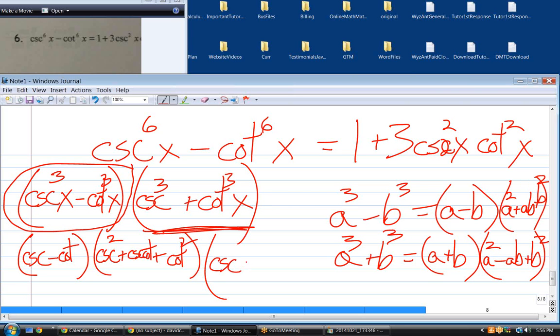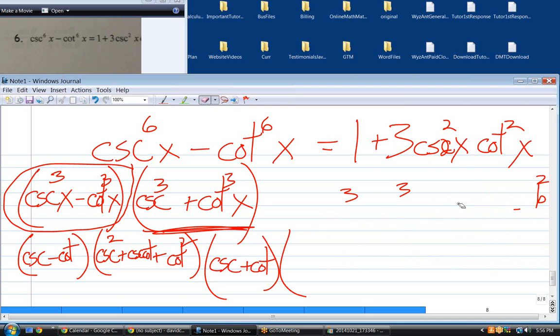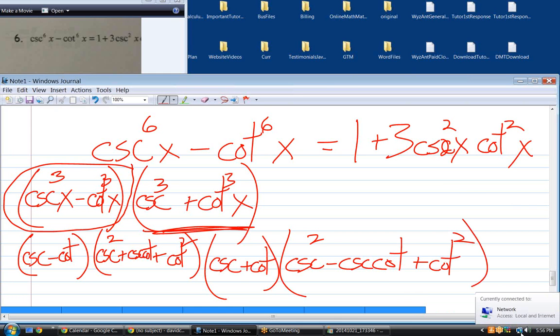Cosecant plus cotangent times cosecant squared minus cosecant cotangent plus cotangent squared. I hope this is going to lead somewhere.